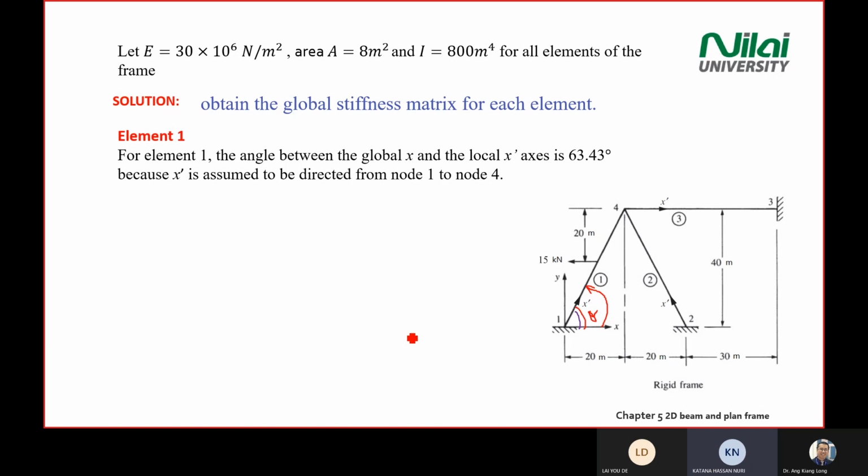Yeah, we can use trigonometry. For example, in this case, you want to find the angle for element 1. How do you find it? You are using sine, cos, or tangent? I use sine.